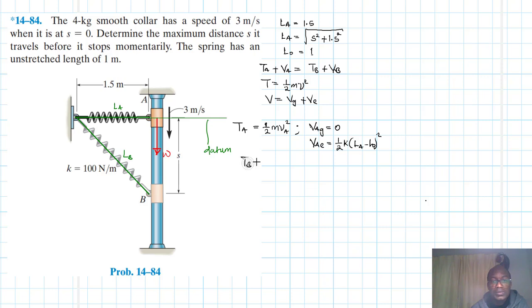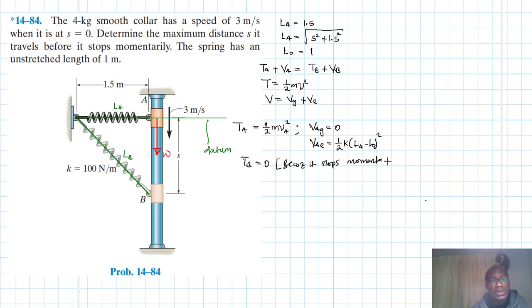Then TB, at that point, the kinetic energy, is just going to be equal to 0, because we are saying momentarily at rest, okay? Because it stops momentarily at that point.